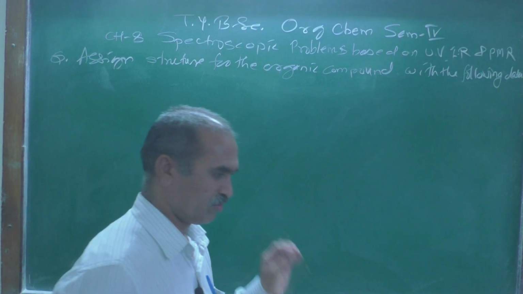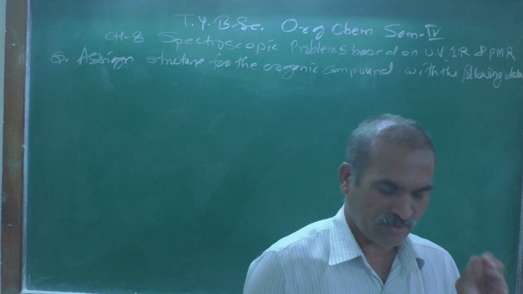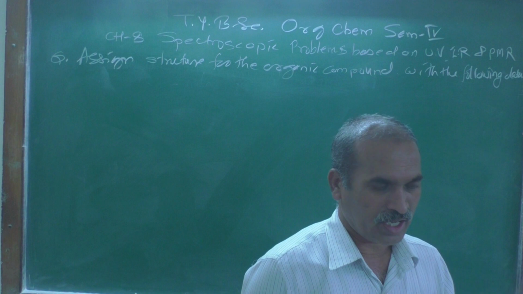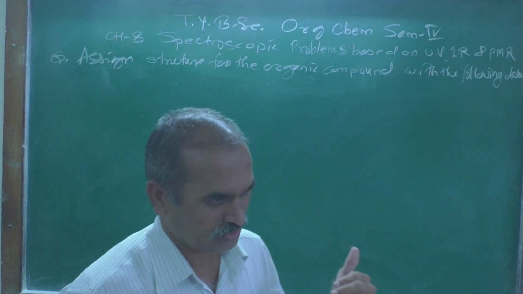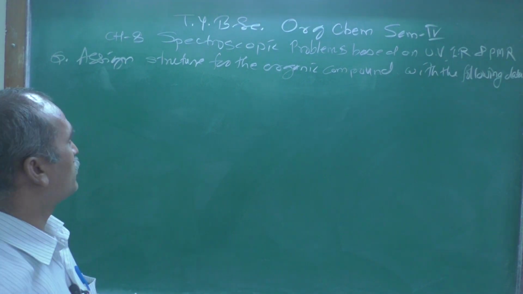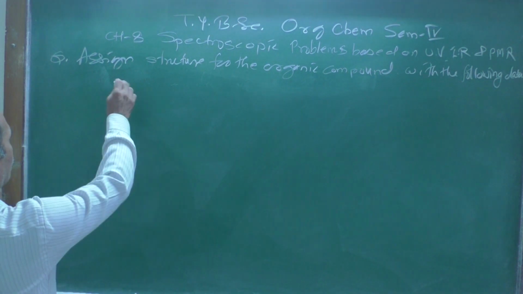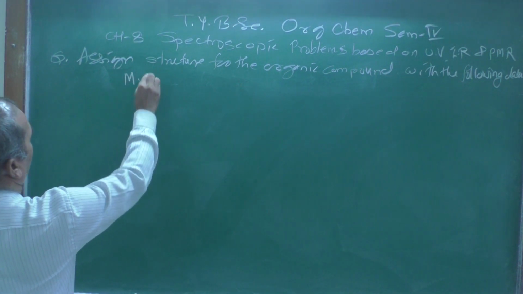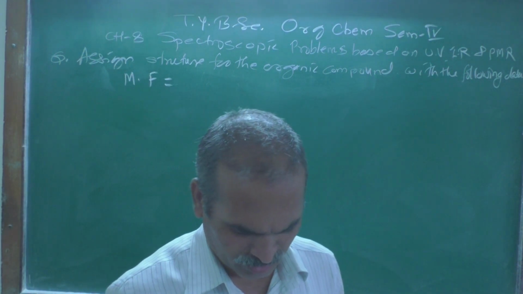They will provide you the data, and from that data you have to calculate the structure of the organic compound. Let us see what data they are providing. They are providing the molecular formula. MF is nothing but the molecular formula.